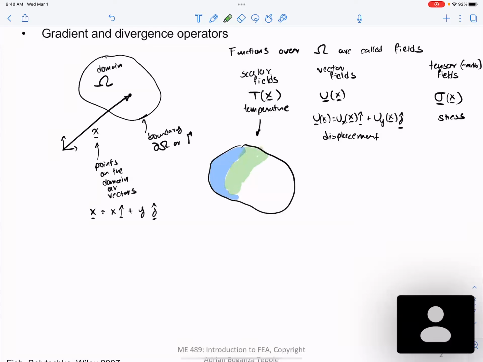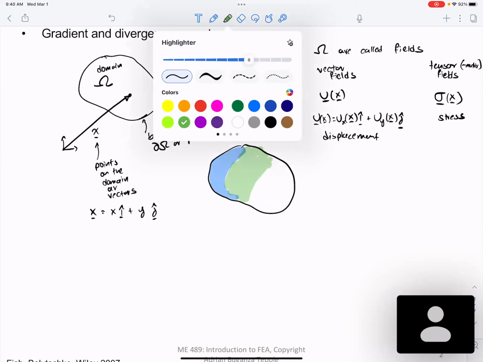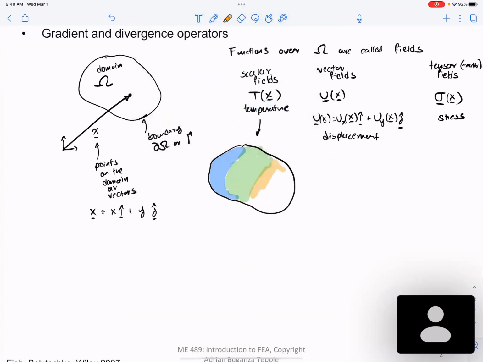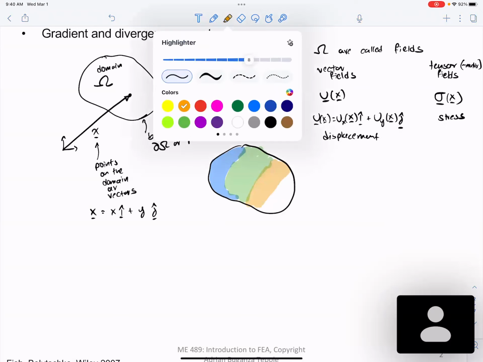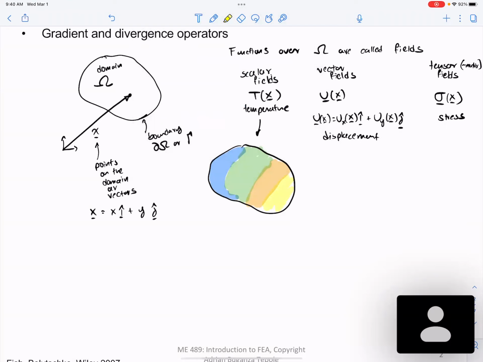So you have your domain X, and you can basically assign to every point a color. So this is an example of a scalar field you can represent as a contour, right?